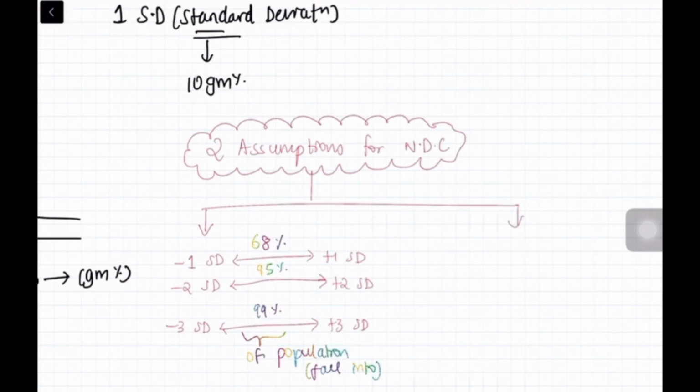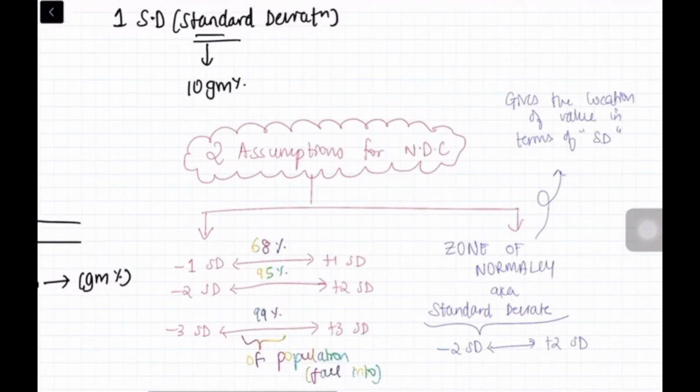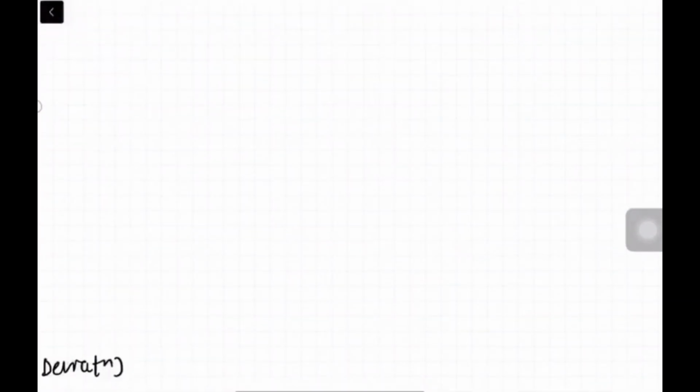And this was the first assumption. And the second assumption was that the zone of normalcy, also known as standard deviate, is between minus 2 standard deviation and plus 2 standard deviation. What is this zone of normalcy? This zone of normalcy helps us to give the location of a given value in terms of standard deviate.